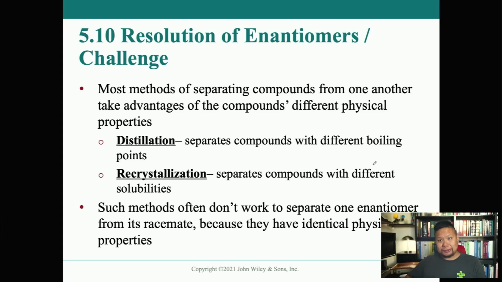so that just shows you that separating these mixtures of enantiomers, racemic mixtures, is very difficult to do, because generally, as you saw in lab, or as you're going to see in lab, we do separation based on physical properties of a molecule, right?